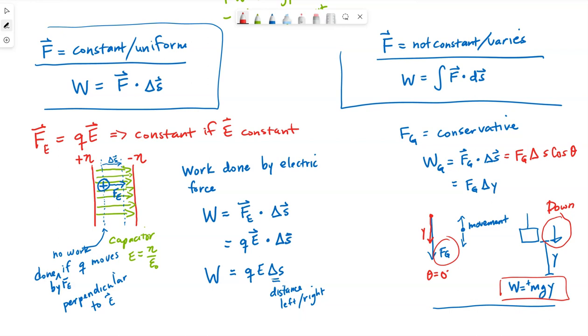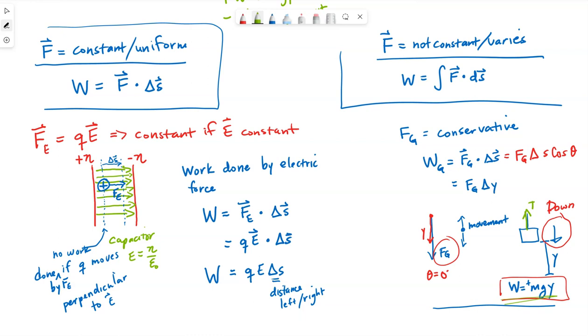Gravity's working to speed it up. Now, granted, this elevator car would also have some sort of tension, which would be doing negative work, not allowing the elevator car to just keep speeding up to the ground. Ultimately, though, how much work was done by the force of gravity simply depended upon the force of gravity, mg, and then how far vertically the object moved.